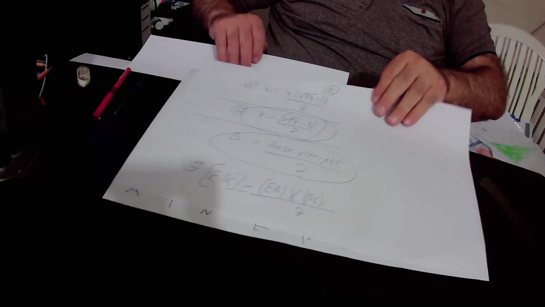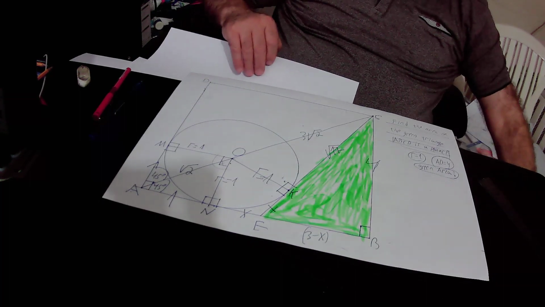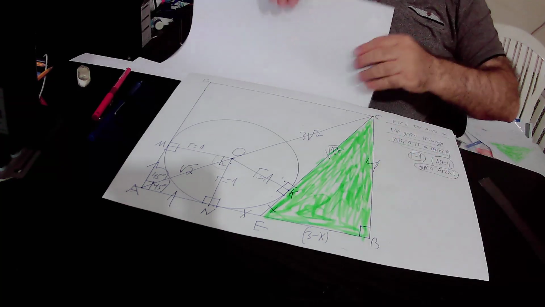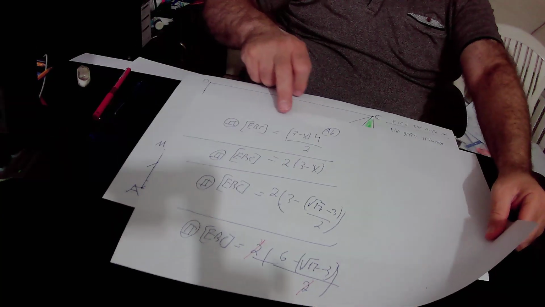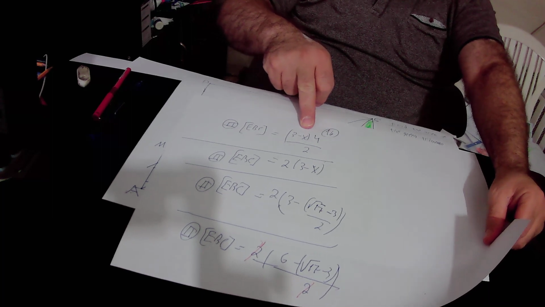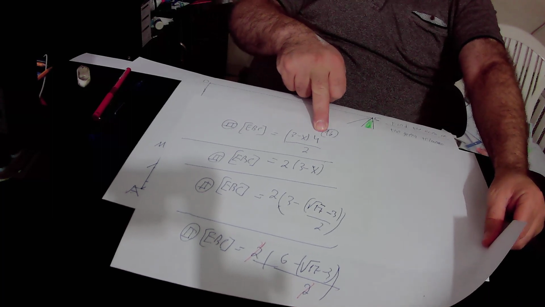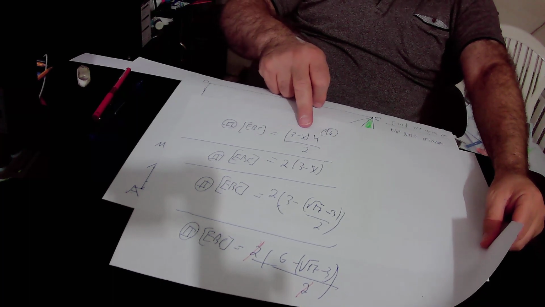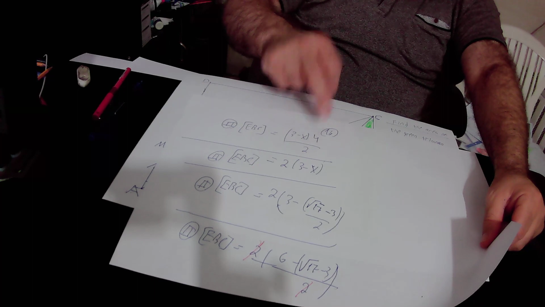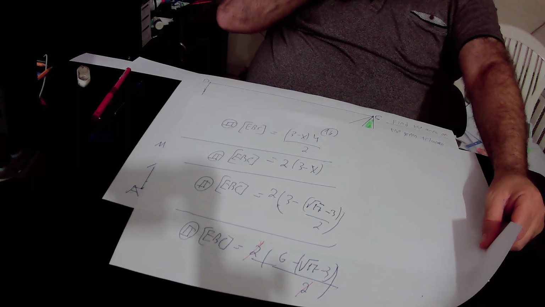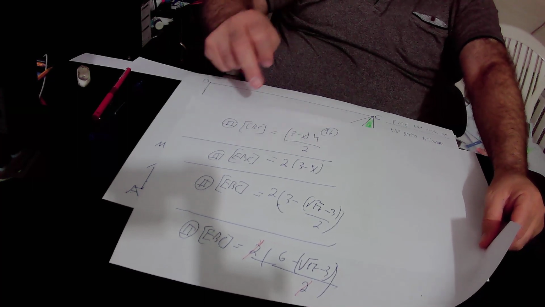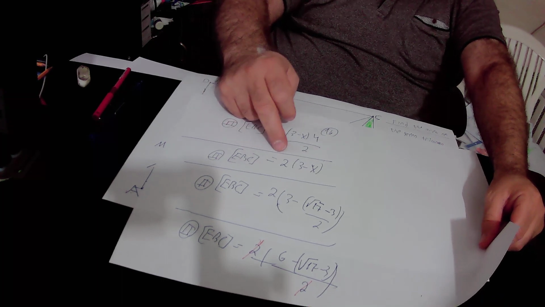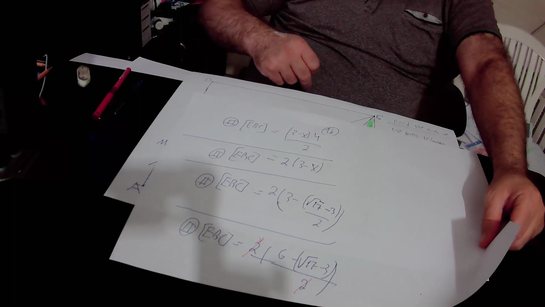What is the value of EB? The value of EB is 3 minus x, and the value of BC is 4. So we got that the area of triangle EBC equals 3 minus x times 4 over 2. 4 over 2 is 2, so in total we got that the area of the green right triangle, triangle EBC equals 2 times 3 minus x.